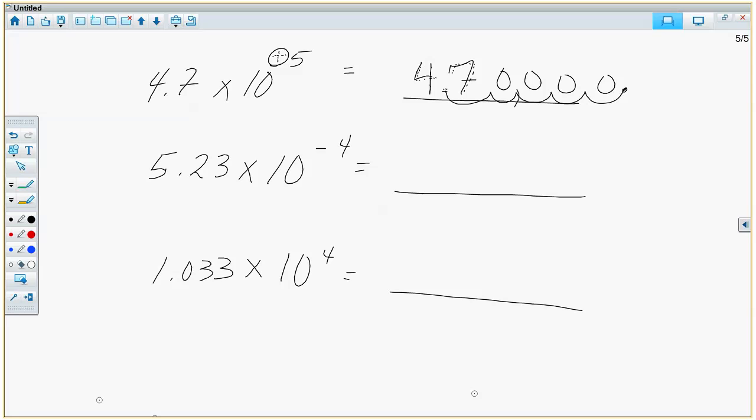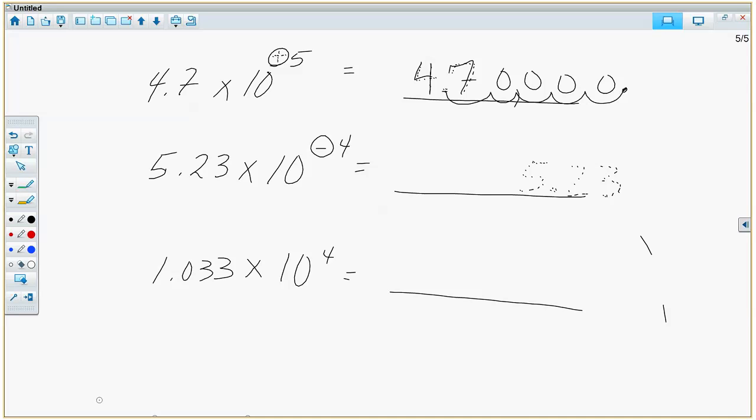Here, since I'm going to move to the left, I got to have some room on the left-hand side. So I'm going to put this 5.23. There it is. So this tells me I got to move which way? 4 places.